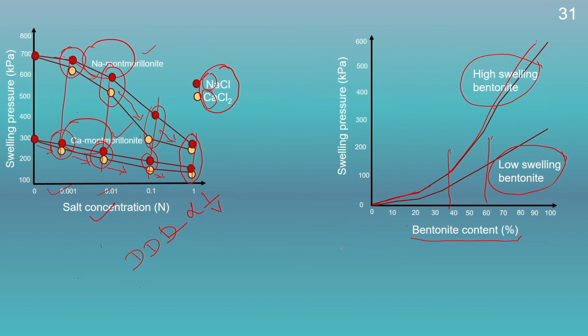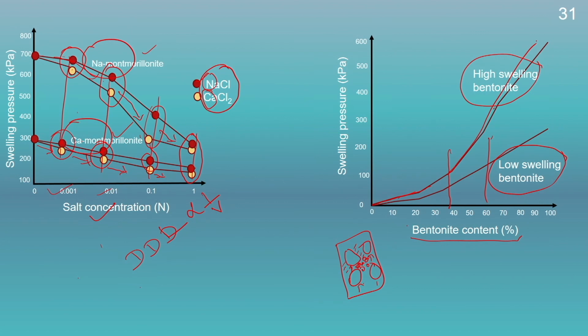This is because again of the packing phenomena. Like if we take the montmorillonite, a higher swelling bentonite requires a low amount of bentonite or montmorillonite content to completely fill the intra-aggregate pore space or the macropores, and then once it fills the macropores, it starts to push these non-expansive soil particles in the upward direction, thereby increasing its swelling pressure.